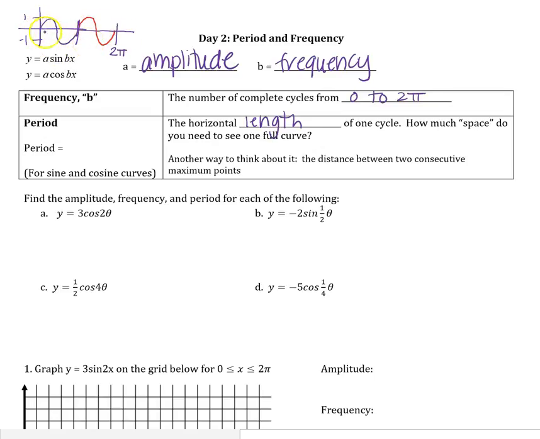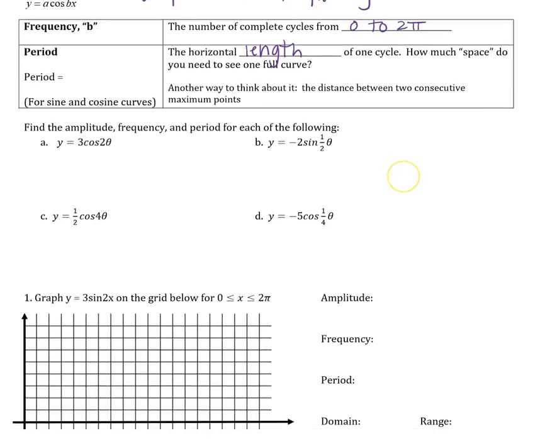So then from 0 to pi, one occurs. Another way of thinking about that is, if two curves are occurring between 0 and 2 pi, then one curve must occur between 0 and pi. So what we just talked about was how you find the period. You take 2 pi and you divide it by the frequency.